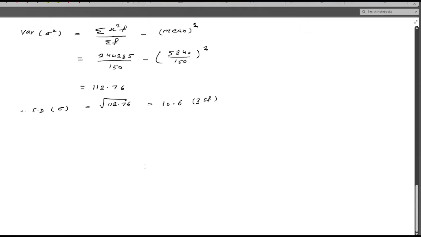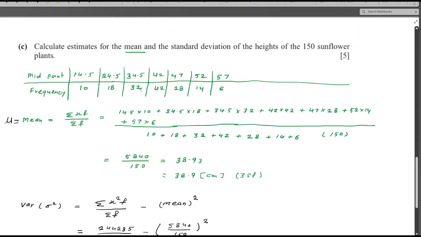And your standard deviation also is in centimeter, so 10.6 centimeter, and the result is in three significant figures. Done.